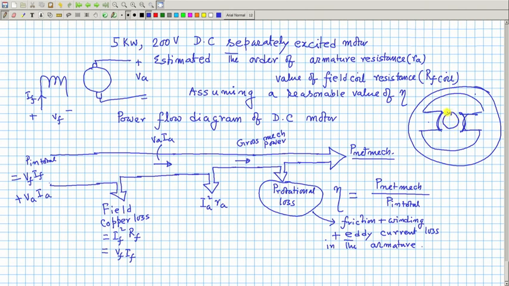Now, there will be eddy current loss taking place in the iron of the armature. Why? Because if the rotor is solid iron, with slots where you have put conductors to make the armature winding, the iron body of the armature is moving in a steady field.